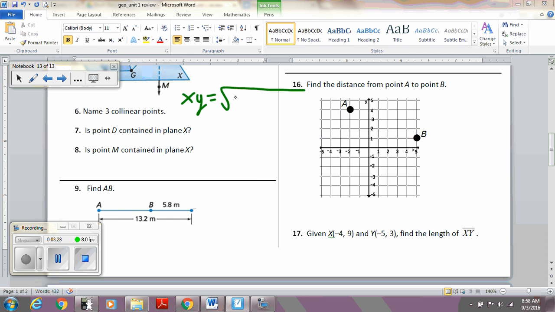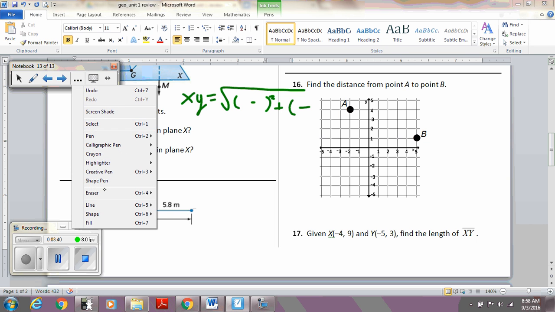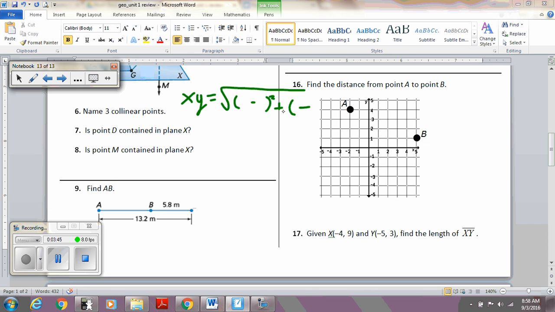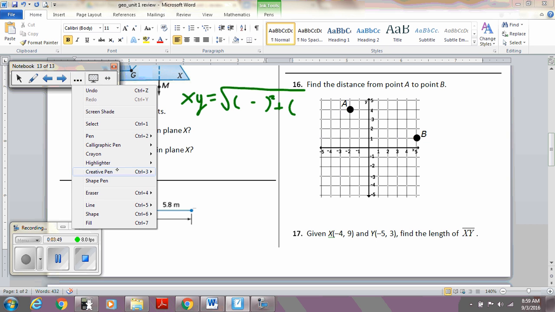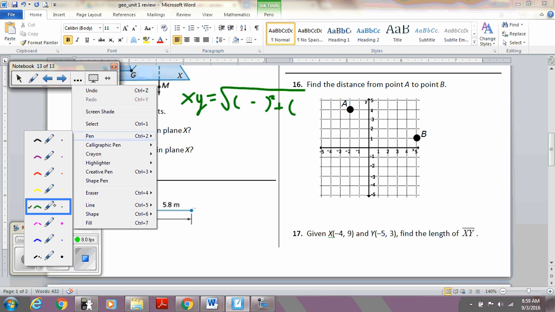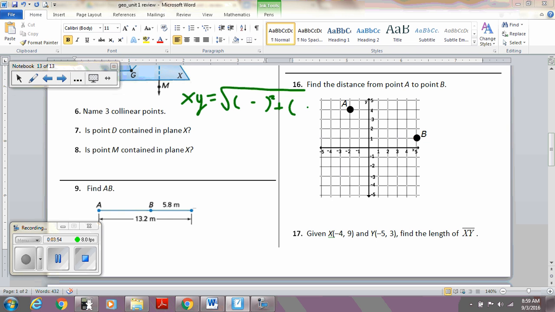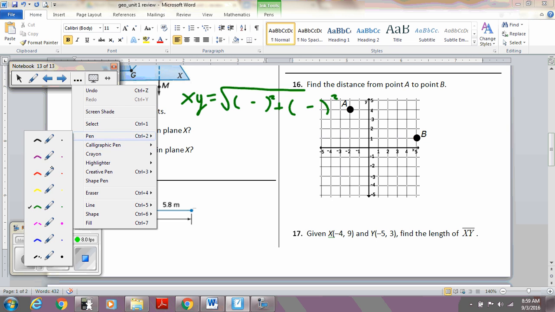Have that square root, have your parentheses with your minus and squares in place. And then insert the appropriate values in the appropriate spots.